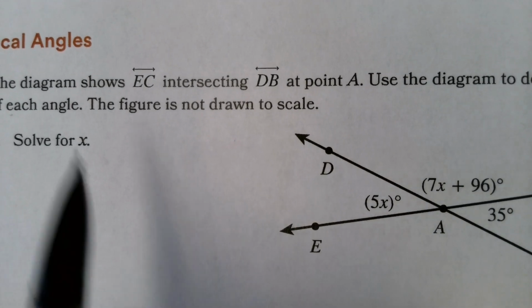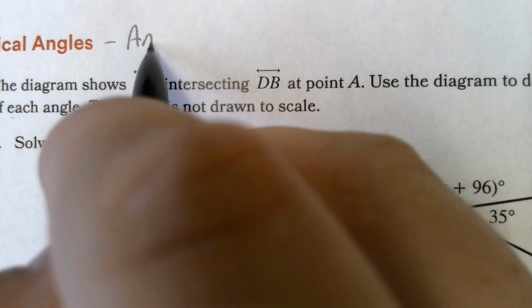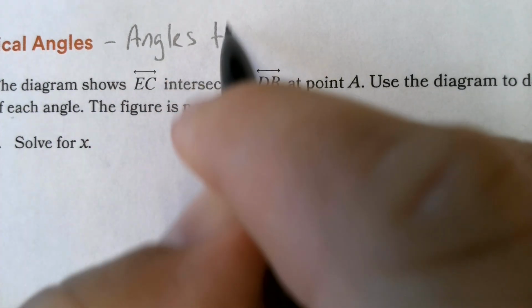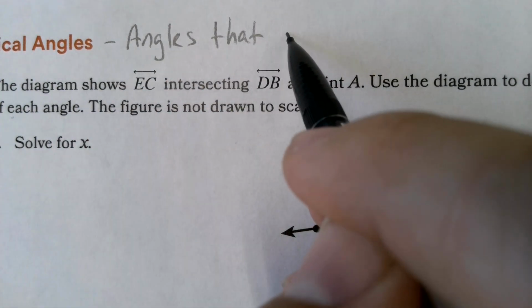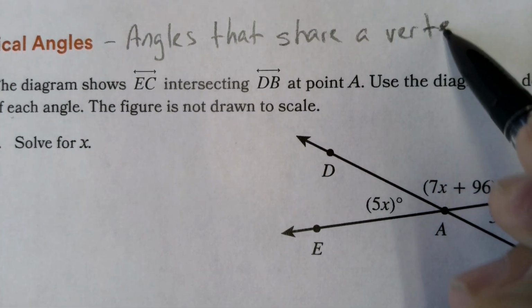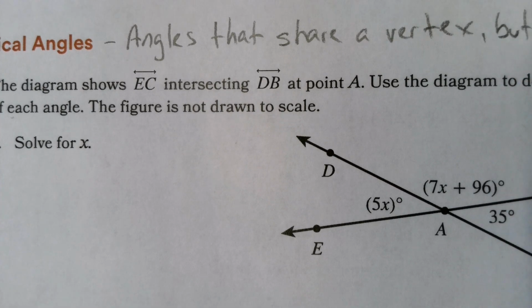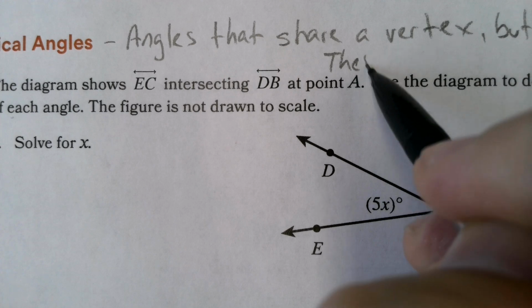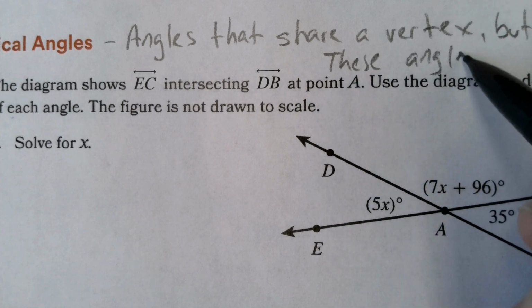Okay? Vertical angles are angles that share a vertex but no rays. Okay? These angles are congruent.